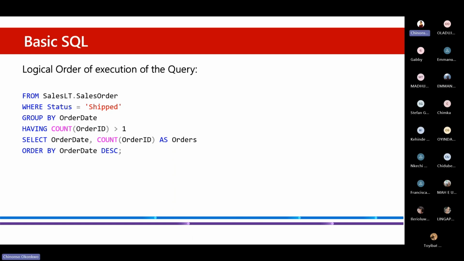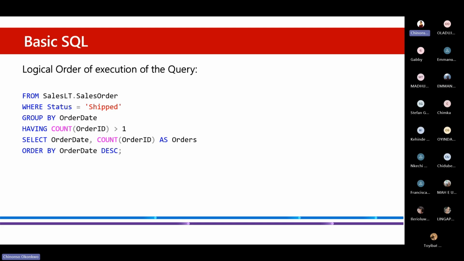The next thing it will do is aggregate your results by order date, so you end up seeing each value by order date. And then after this, it will further reduce your results based on your filter value for orders that are greater than 1, which is having count order ID greater than 1. After it has done all of this, it's when it will now select the data you want.